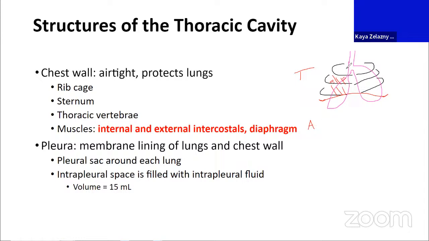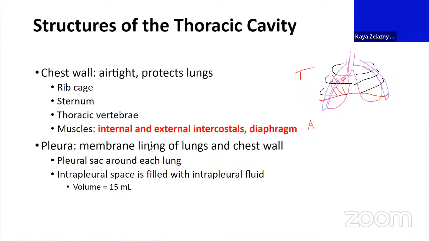So along the inside of the rib cage, we have a lining called the pleura, and it lines the inside parts of the rib cage. And then because the lungs have punched into it, it has a turn and also lines the outside of our lungs. Okay. So we would be able to trace kind of all the way around like that. So that's our pleura, or the pleural sac.